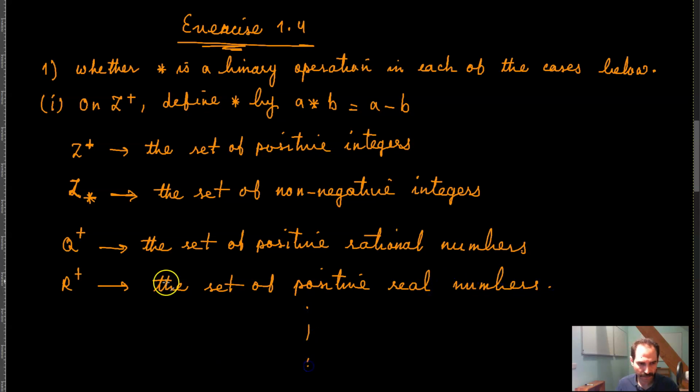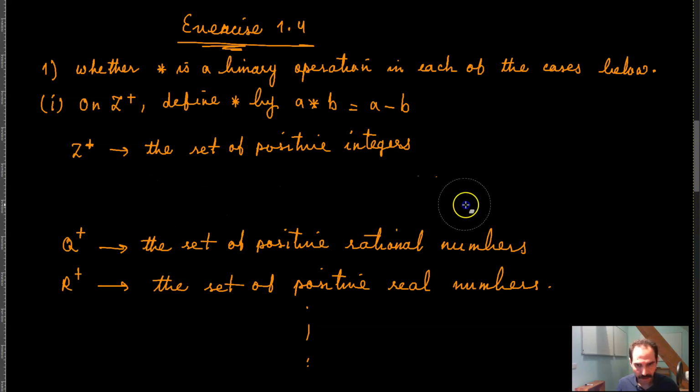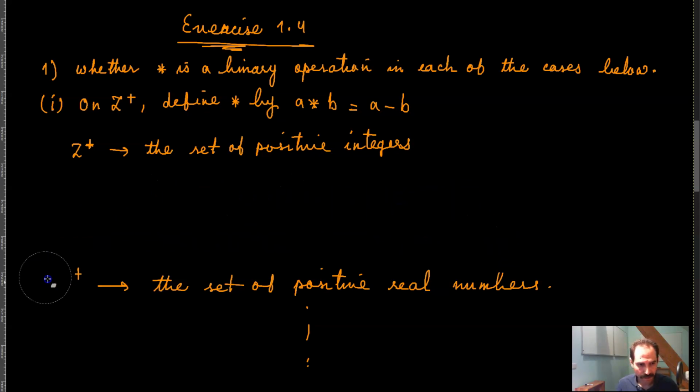And so on and so forth, right? So when you say the set of positive integers, what that means is 1, 2, 3, 4, and so on and so forth, of course not including 0. If 0 is supposed to be an element of that set, then they use Z subscript star, which means the set of non-negative integers, which means that 0 is also there. So you need to of course understand that.